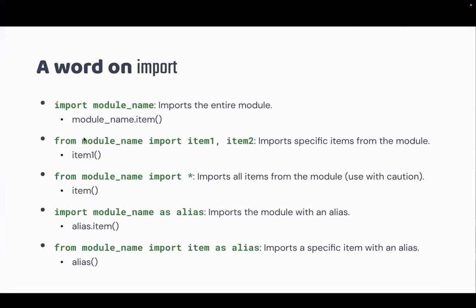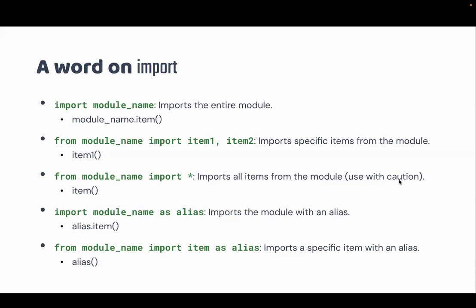After that, we have another method, which is from module name import star. This is basically indicating we are importing all of the items from the module. Similar to the previous one, if we want to use an item, we can just call the item.